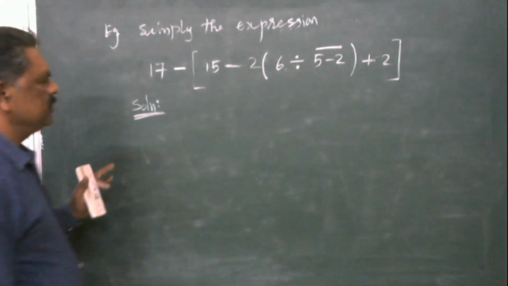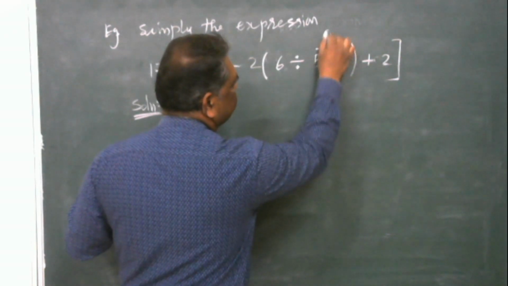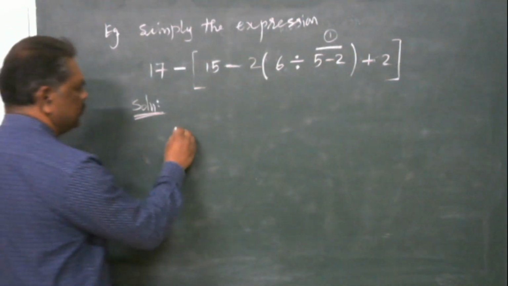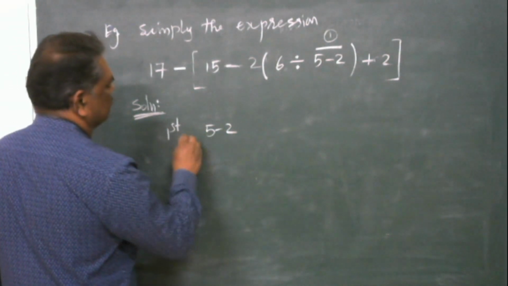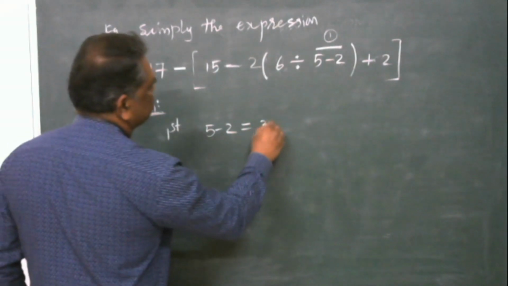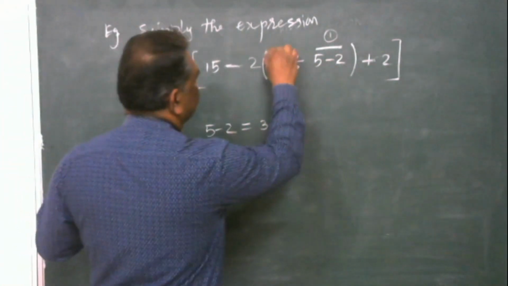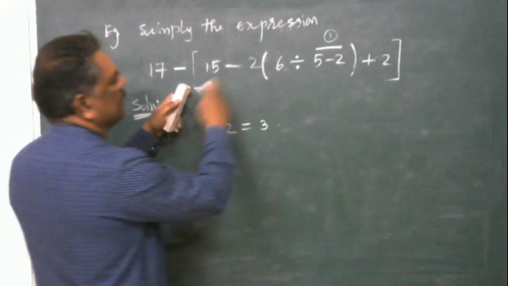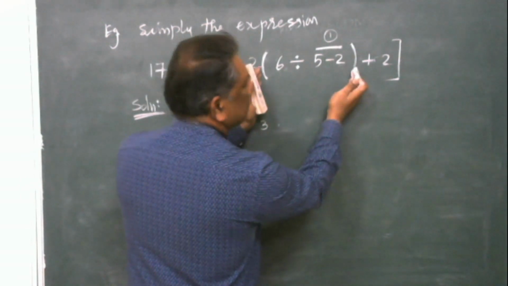As I told you, first the bar over the expression is to be performed first. So first we need to perform 5 minus 2. First, 5 minus 2 is 3. The next we need to perform the bracket. This is the innermost bracket. Bracket starts from here, again inside there is an expression, within that expression there is a bracket.